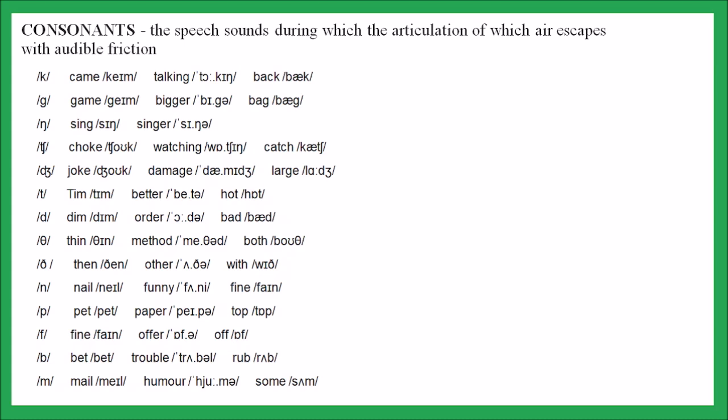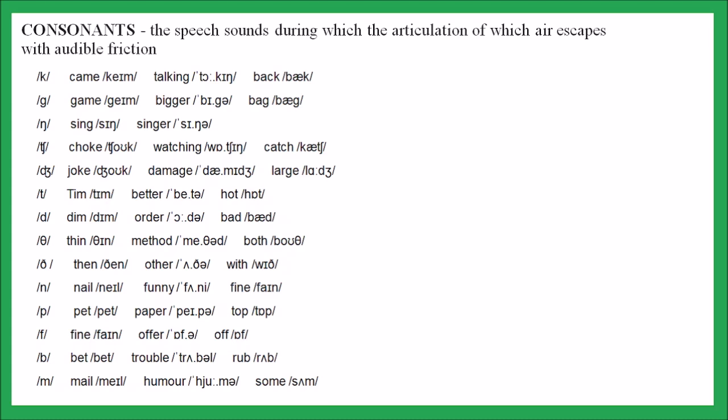Then comes t sound, not ta. The t sound, as in Tim, better, hot. English has no ta sound. We often mispronounce it: doctor, teacher. In English there is only a t sound, as in Tim. Often there comes a different version of that, as in cut, but that is a different form of the same t.